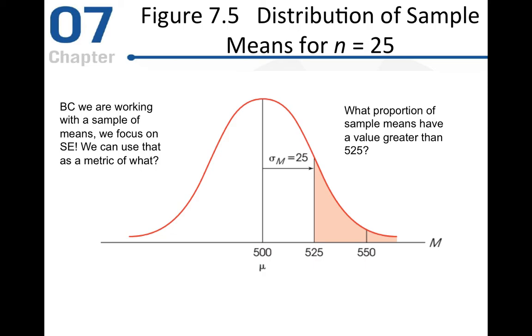For a distribution of sample means, the standard deviation of the distribution of sample means is the standard error. It is the average distance of the sample mean from the population mean. So we can take this information and turn it into z-scores.